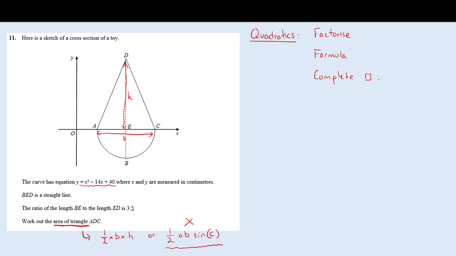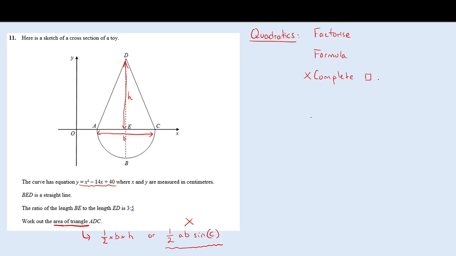Now that might be fine, but I'm not looking to know the whole height from D down to B. What I'm looking to know is the height from E to D, because I'm looking for the triangle ADC. So completing the square, probably not that one.